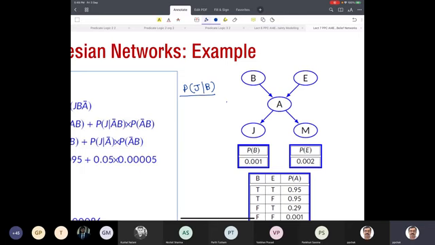Probably P of B into P of J given B bar. You're given B, though. You're told that I want to find the probability of J given that B is true.